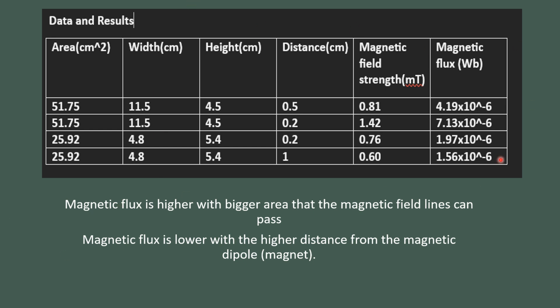These are my data. You can see in that data that magnetic flux is higher with a bigger area that the magnetic field lines can pass through, and magnetic flux is lower with a higher distance from the magnetic dipole magnet in the case of this experiment. The error percentage is low for the first, second, and fourth ones, and the error percentage is 55% in the third one, which is high.